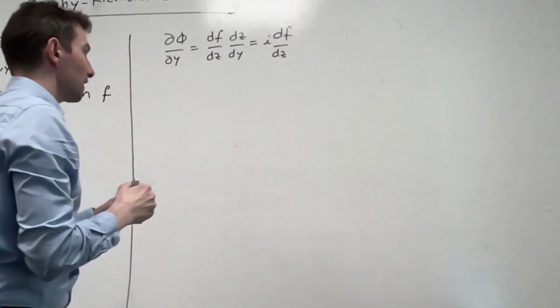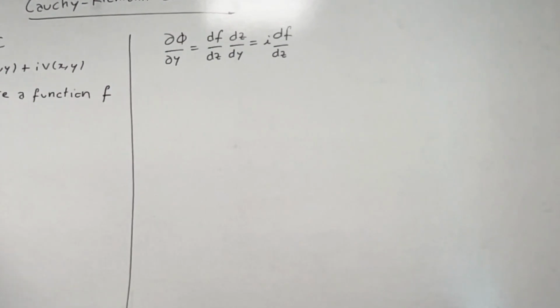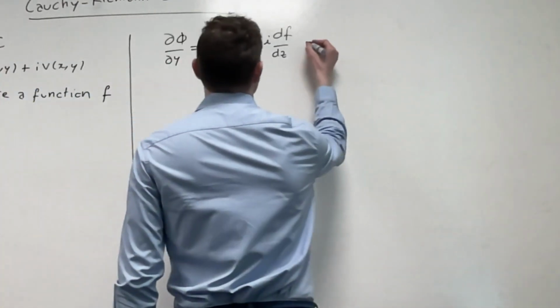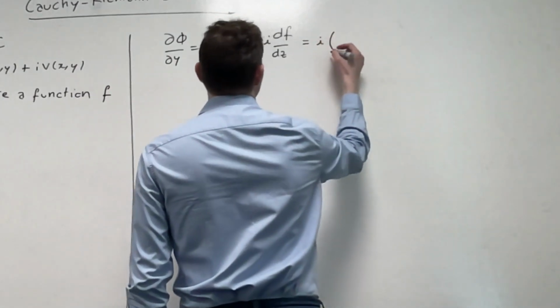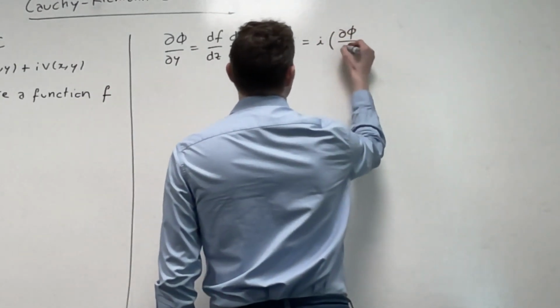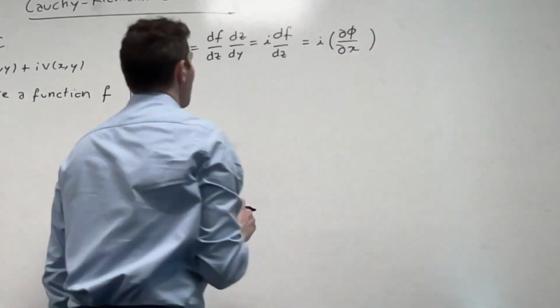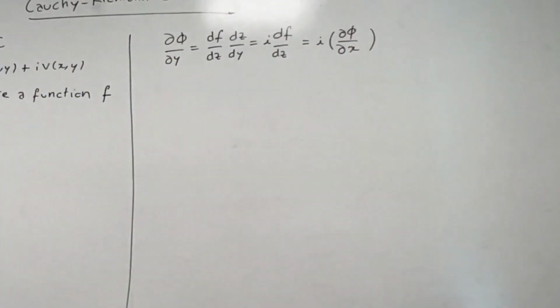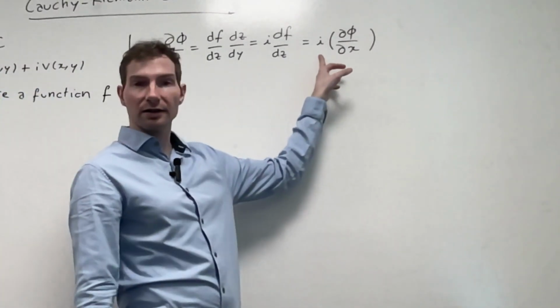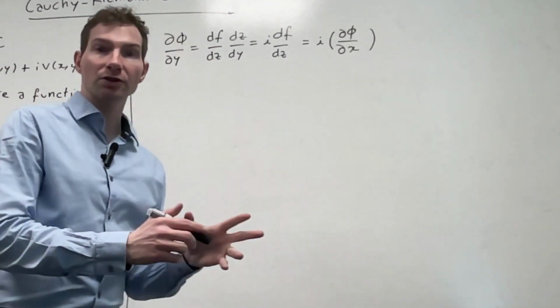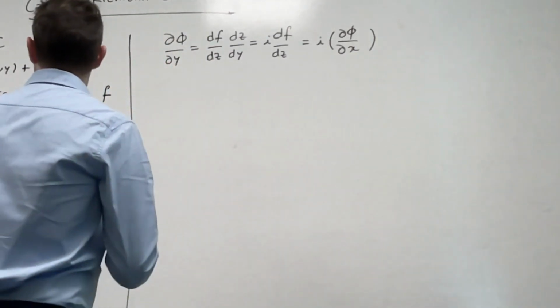Now the reason why this is fascinating is because we've just seen that df over dz is equal to d phi dx. So what that means is that this is equal to i times d phi dx. So if this is true, then it follows that d phi over dy is equal to i d phi over dx.